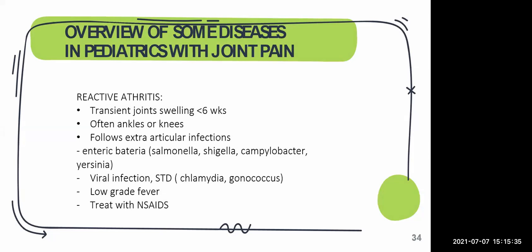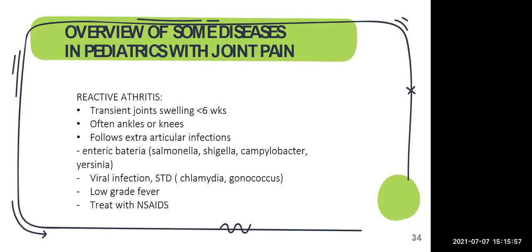So I've listed 3 overviews of some diseases in pediatric patients with joint pain. According to Nelson 5th edition, reactive arthritis is the most common one, but when I Google it, it's mostly JIA.